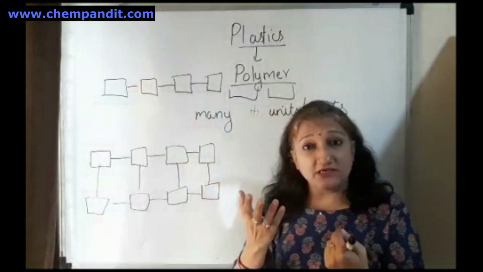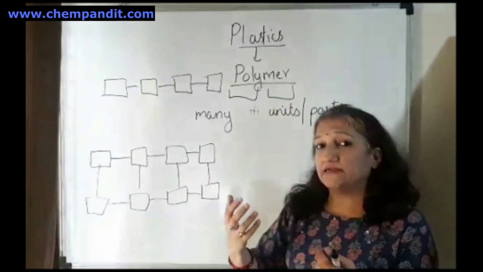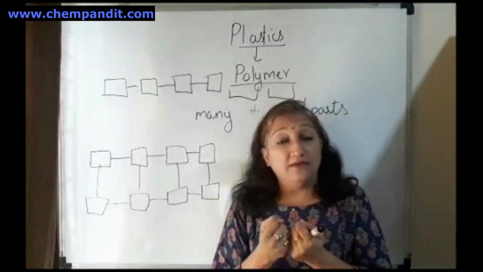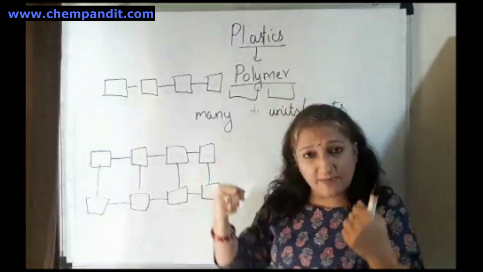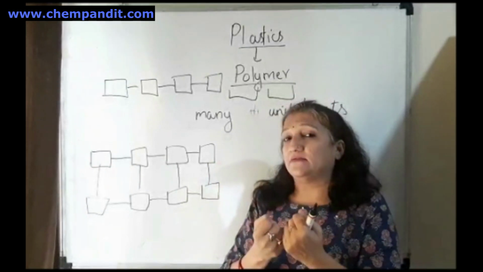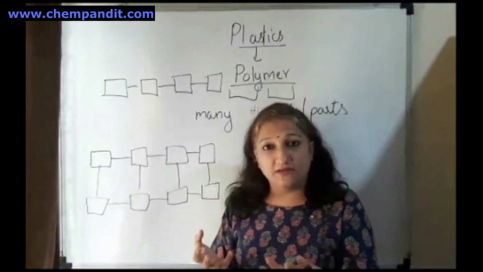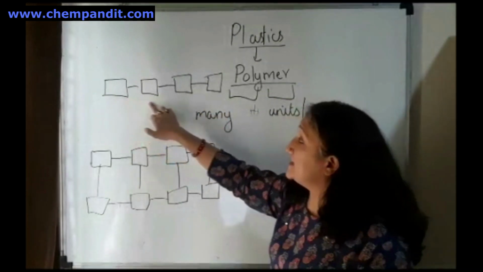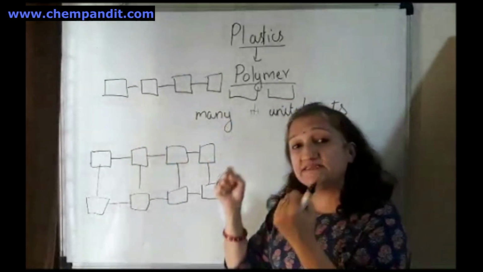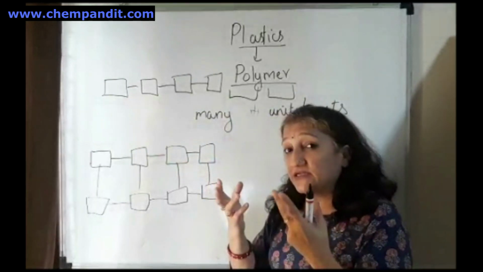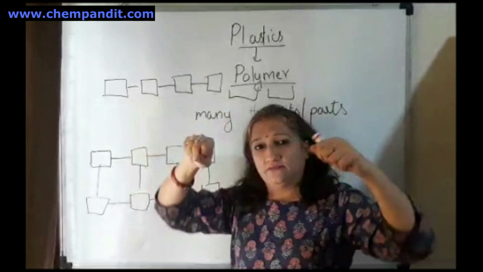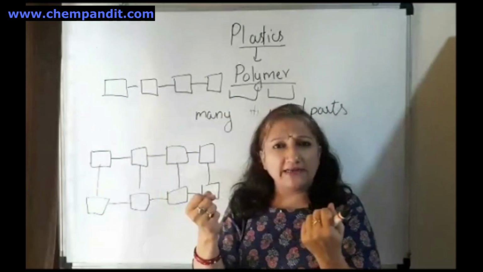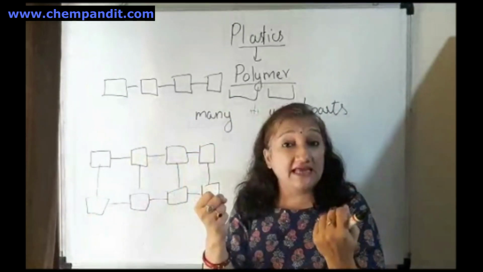You must have observed many types of plastic articles that can be easily bent. But on the other hand, some, when force is applied, don't bend, they just break. Clear? Why? Because the compounds that have straight chain structure can be easily bent. Now imagine you are bending a straight wooden article or a straight plastic scale.